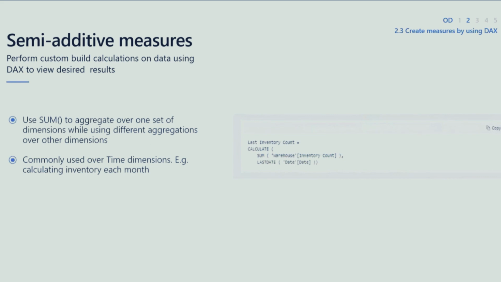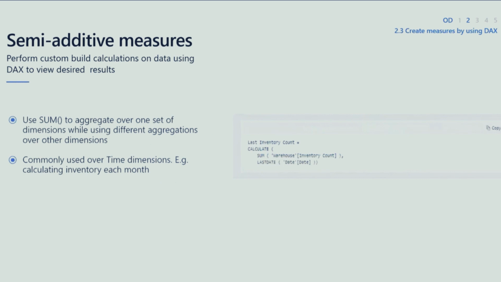There is also a concept of semi-additive measures. These are the measures, for example, inventory is a great example, right? What is your inventory today, and what was your inventory last week? They can't just be simply added up. That is representative of what your inventory looks like as of this particular date, right?